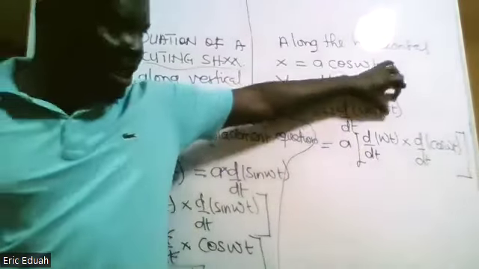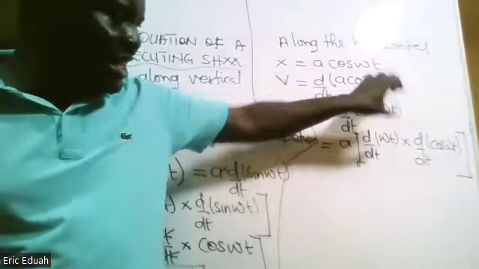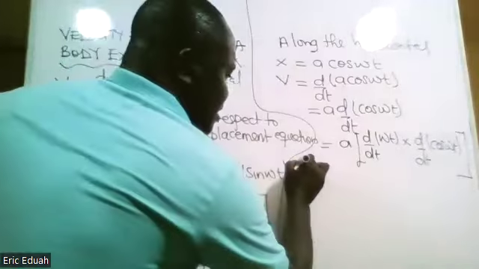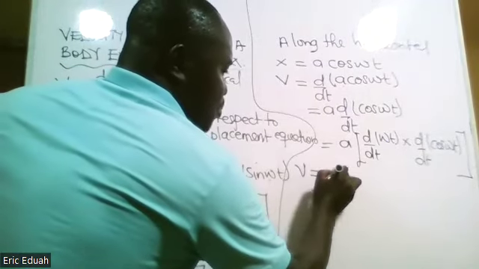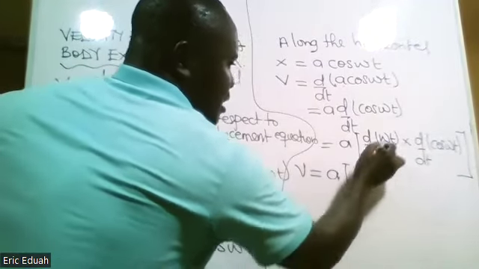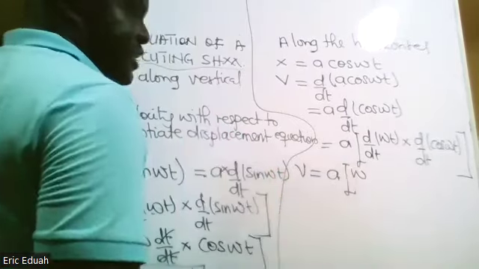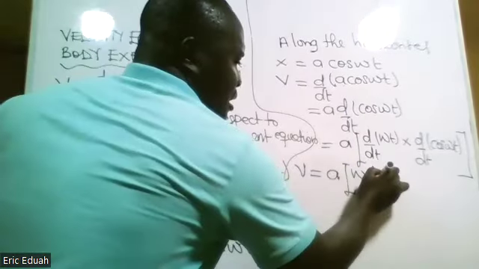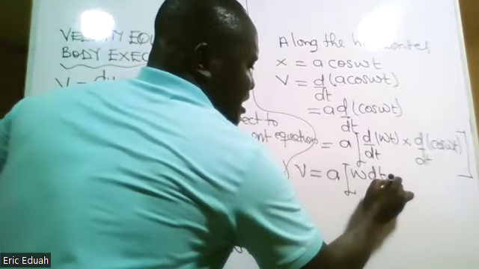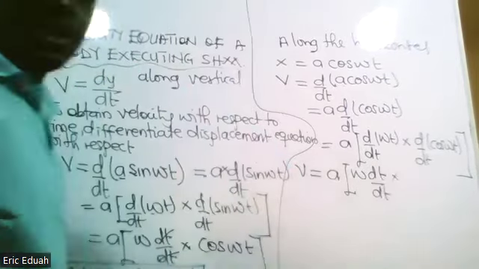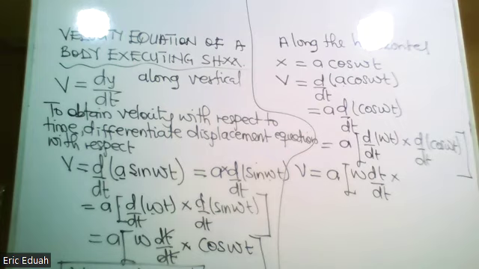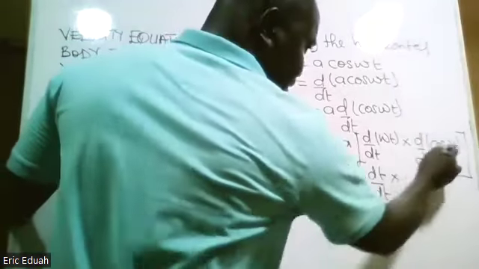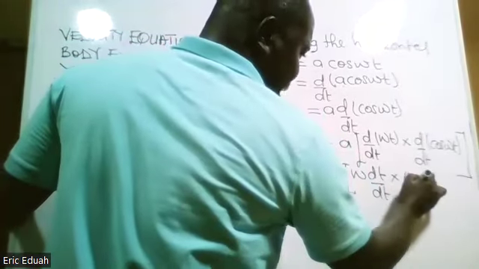And this will be equal to A, where omega is a coefficient, so dt over dt times, when you differentiate cosine, it is equal to a negative sign. The differential of cosine is equal to minus sine.